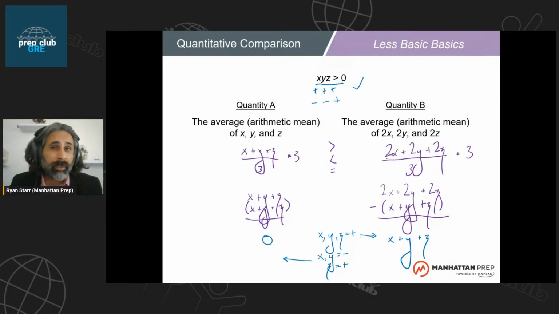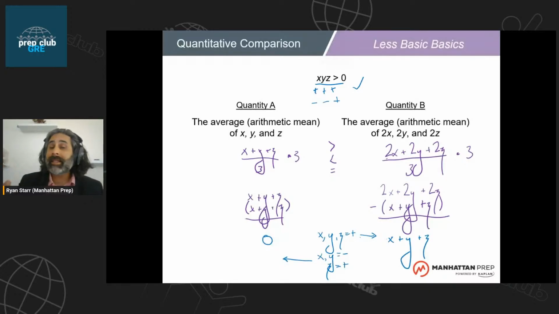Pick specific numbers if you want to prove it to yourself. And I would say early on in your quantitative comparison career, you should pick numbers. You should pick the actual numbers and make sure. But you don't want to go into testing cases without some kind of algebraic clearing or some kind of logical insight, if you can get them. All right. This is an example of us getting both.